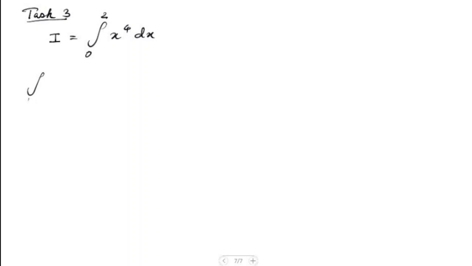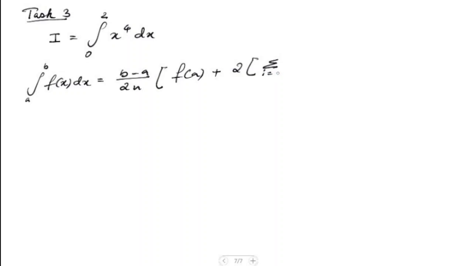The formula for that is the integration from a to b of f of x dx is equal to (b minus a) over 2 times n, times f of a, plus 2 times the summation from i equal to 1 until n minus 1 of f of a plus ih, plus f of b.